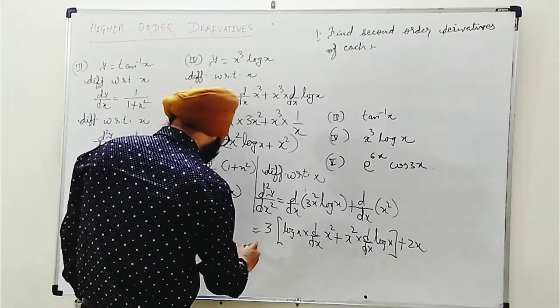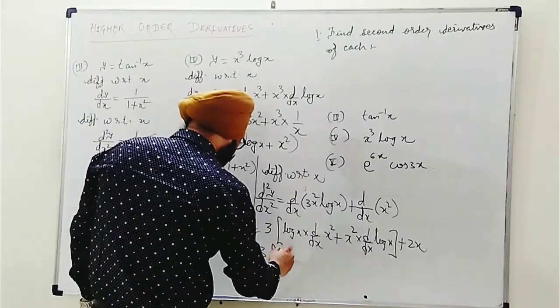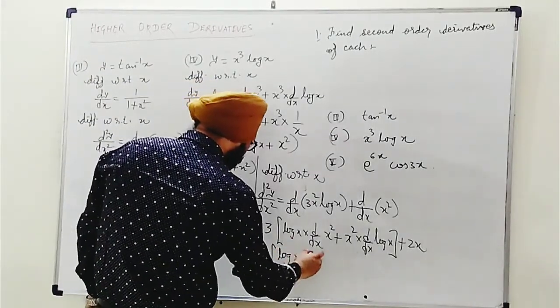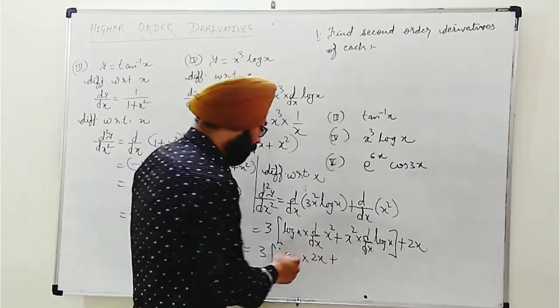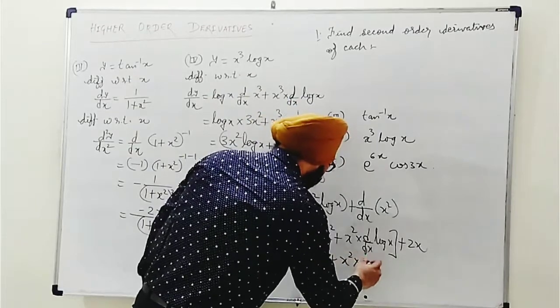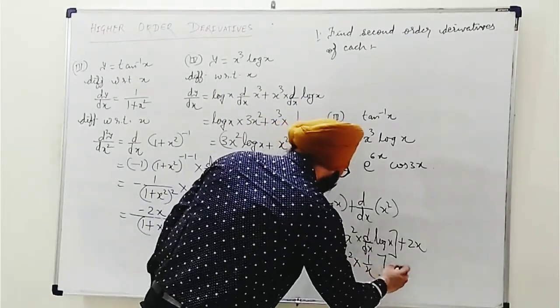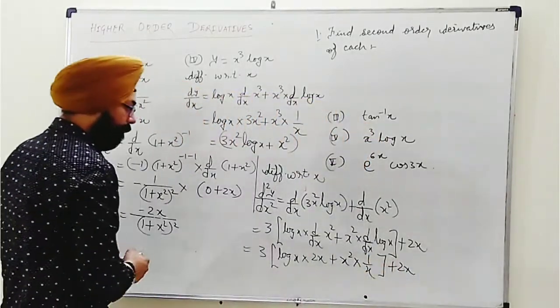We go ahead, thrice log x into x square remains 2x. After differentiation, this will become x square into 1 upon x plus 2x.